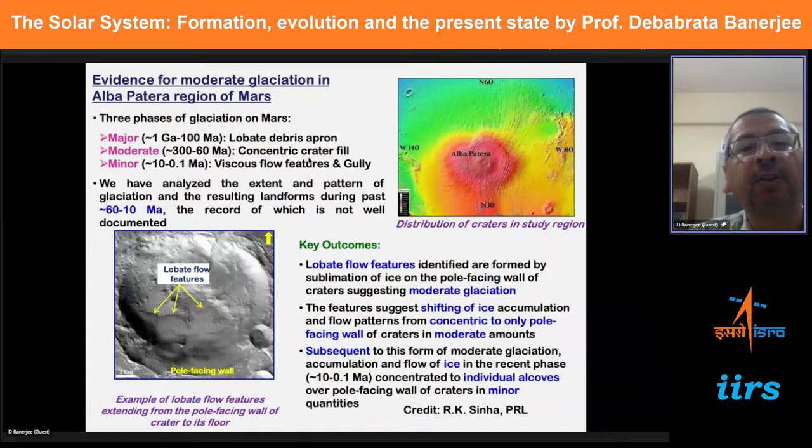This is based on different geomorphic features. Lobate debris apron is linked with a major phase of glaciation. Then you have concentric crater fills, and then viscous flow features and gullies, which are associated with a minor phase of glaciation. To our knowledge, this was documented in such detail for the first time by our group.